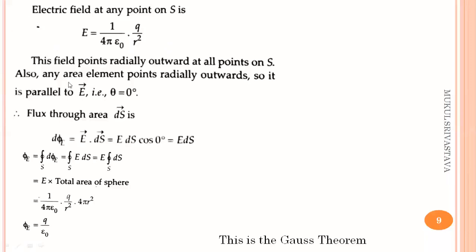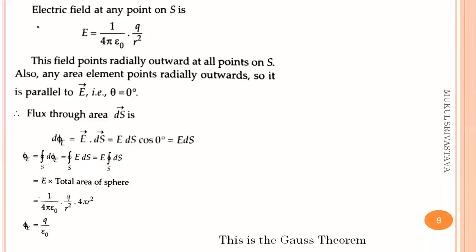Now we put the value of E vector dot ds vector in equation first, so we get the closed surface integral of E ds. Since E remains constant, we take the closed surface integral of ds, which represents the total area of the sphere.